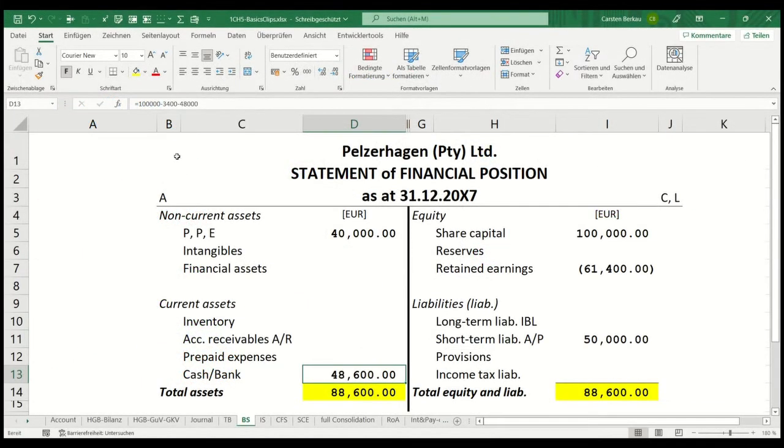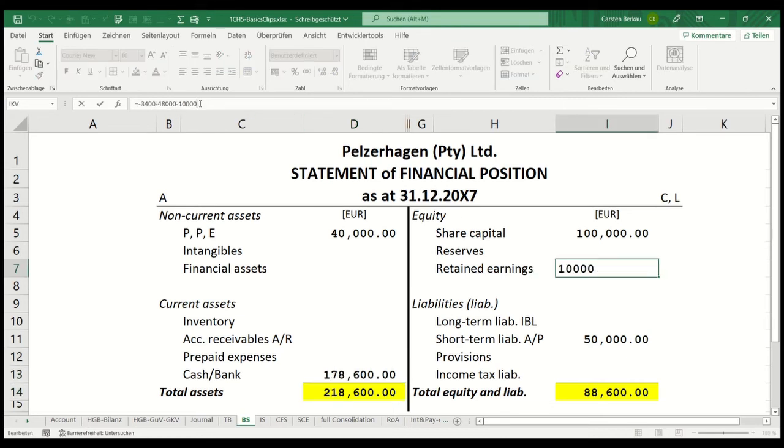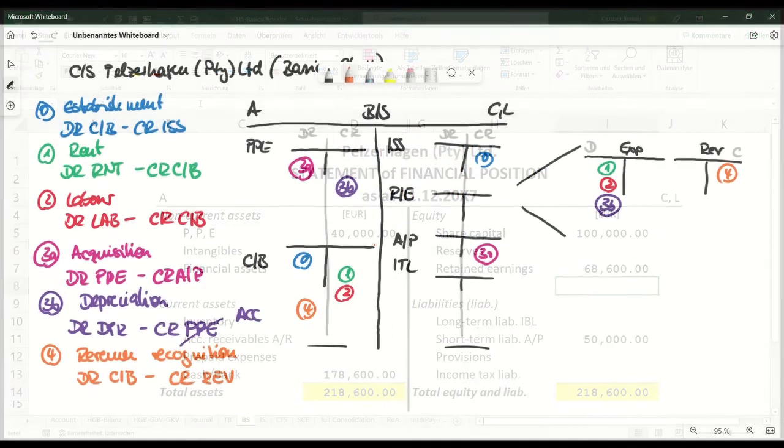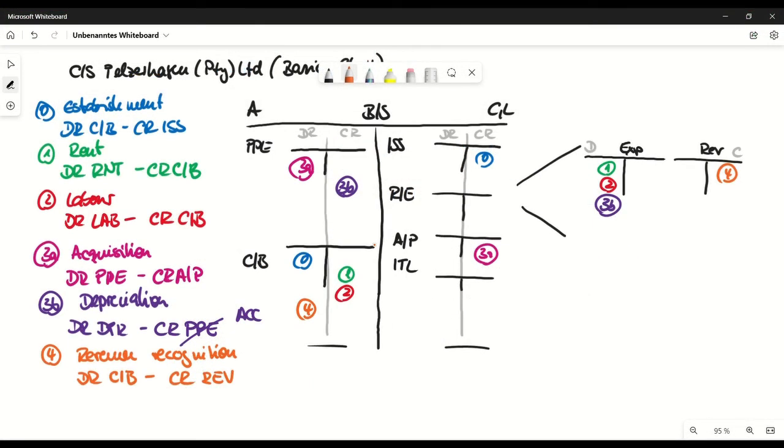The revenue recognition gives us a debit entry in cash bank, so we add 130,000, and we add on the credit side 130,000 as well in the revenue account, which is represented by retained earnings. After this bookkeeping entry, we will be able to calculate the pre-tax profit.